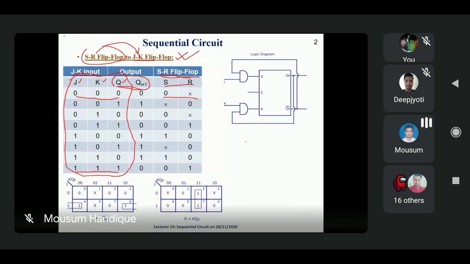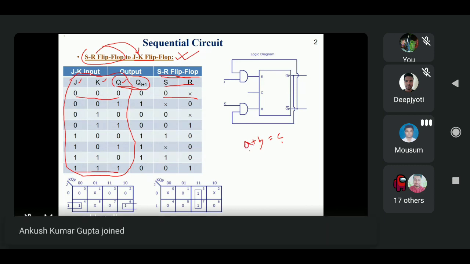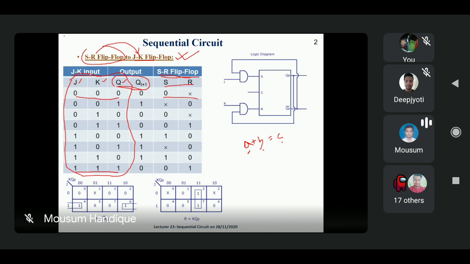Suppose A plus B equals C. If you know the value of C and the value of A, then automatically you can get the value of B. So this way, if from the state table we get the value of J, K and present state, then we can extract the next state from the state table of the JK flip-flop.